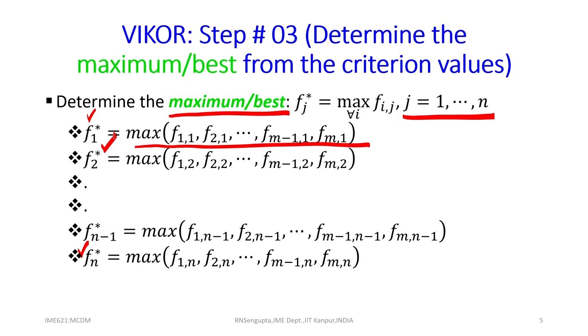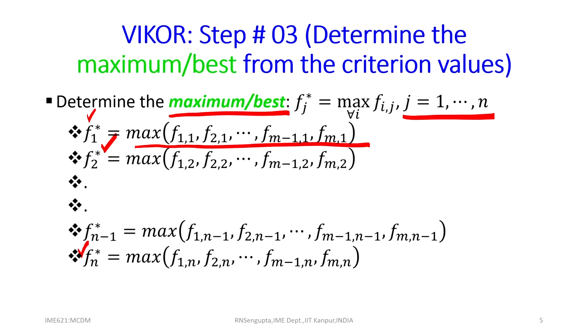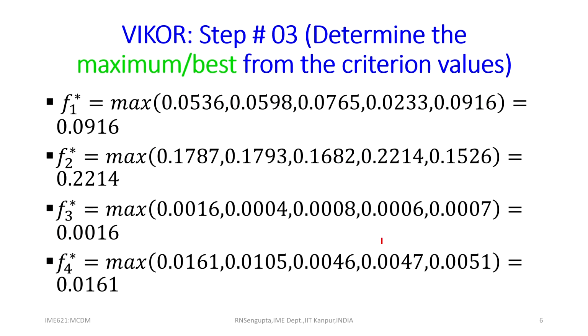Then we go to the second column, j equal to 2, and for all the alternatives 1 to m we find the maximum, which is denoted f2 star. Similarly, we go to the last criterion, the nth one, and for all m alternatives we find fn star. These are based on the values which we already have.